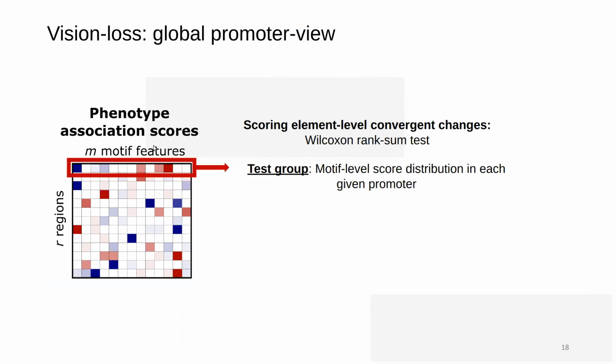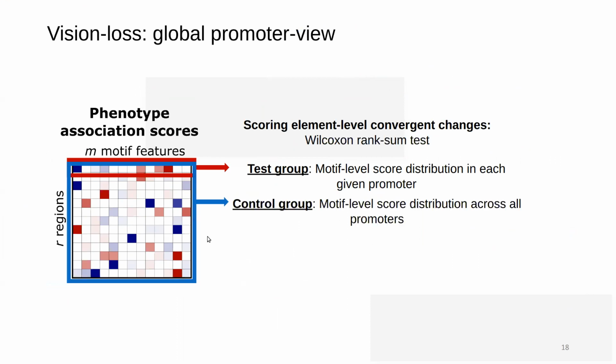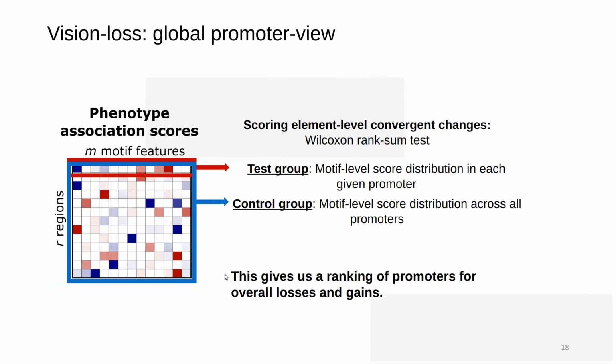The way we do this is we compare a region of interest against all the other regions with a Wilcoxon rank sum test. This gives us a ranking of promoters for global loss and global gain. So we're analyzing the global loss, and we expect to see enrichment for vision-related functions.